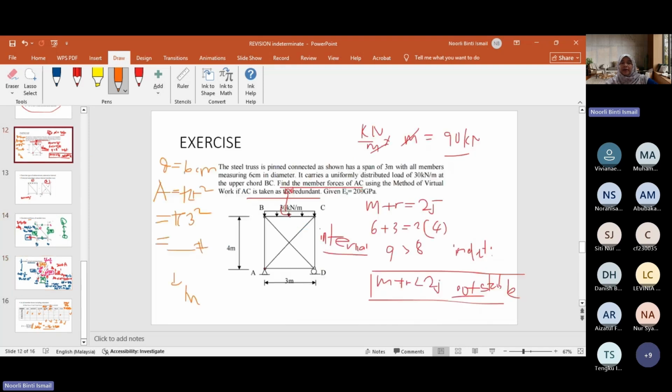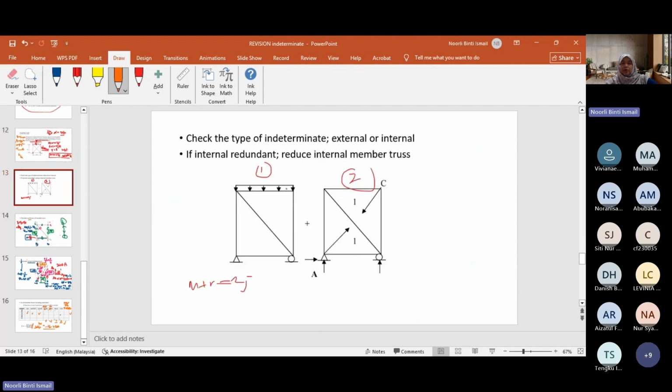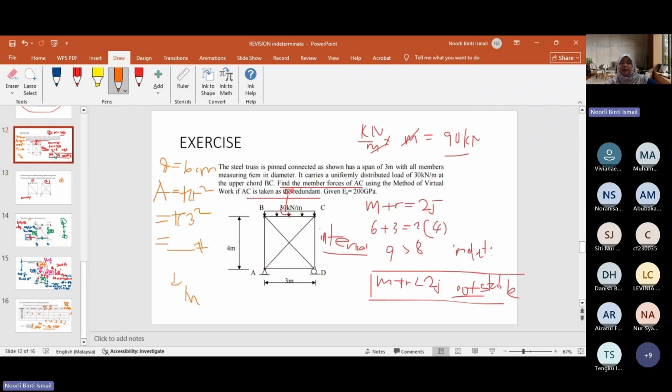If you got more than 1 redundant, which is 2, then for your truss you need to do it like this. There will be more than 2 pictures, so which is 3. But so far, your syllabus is just 1 redundant only.